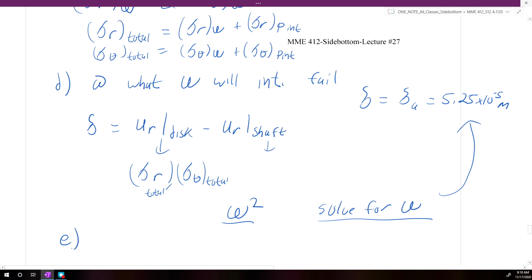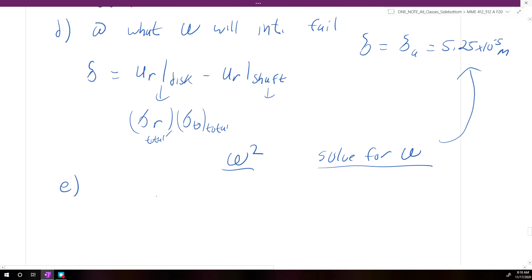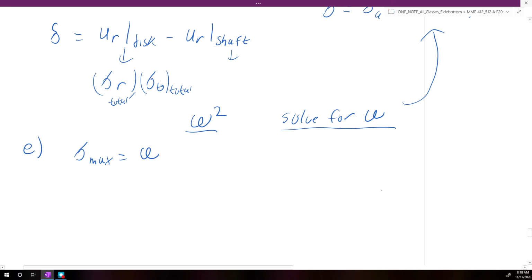sigma theta max. So we want to find the speed at which the maximum stress would be reached. So remember, for a stress element, we will have our tangential stress and our radial stresses.